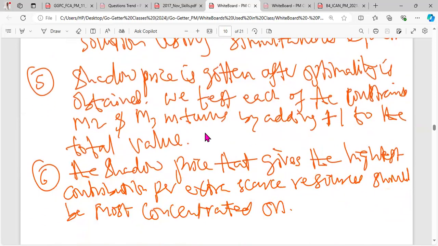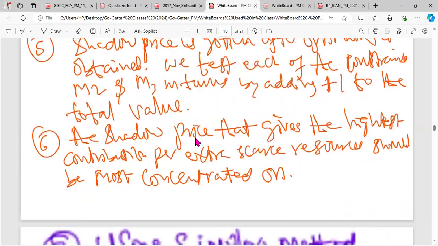And we looked for the shadow price by testing these optimal lines by just adding 1 value to the total, taking it in turns. And we found out that the shadow price gave the highest contribution per extra scarce resource, which shows that that particular constraint should be concentrated on.